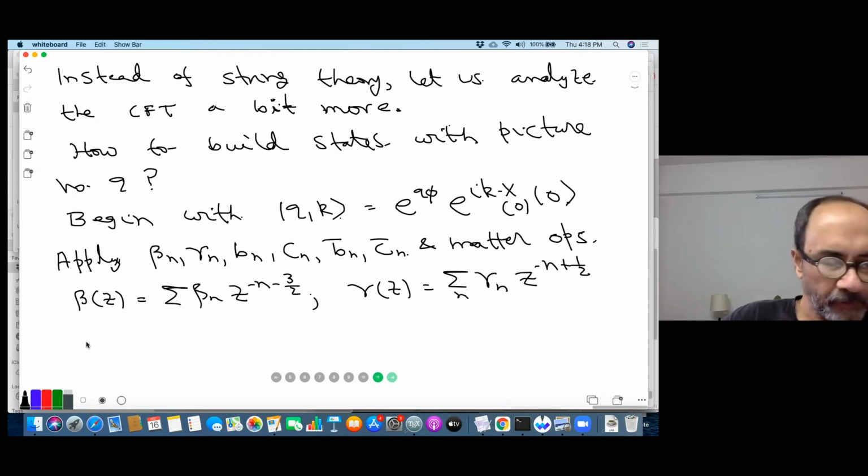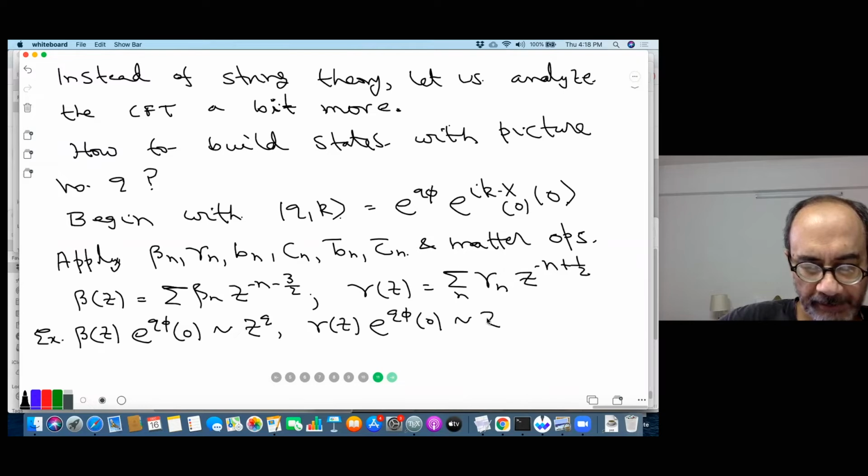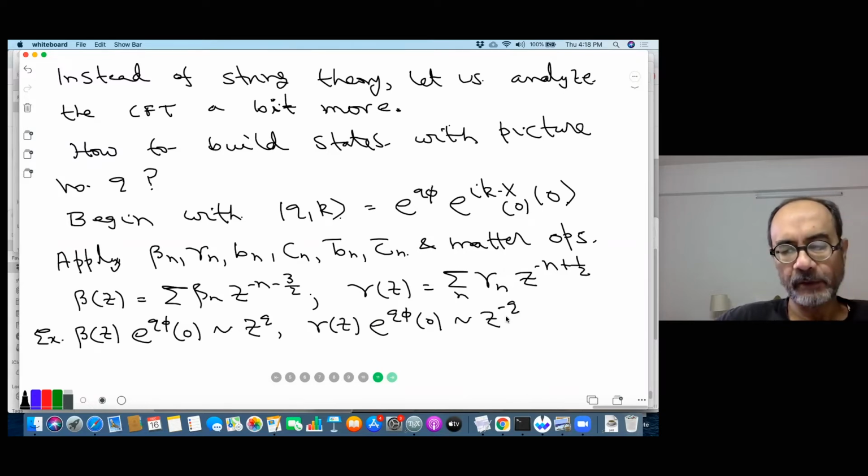Now combine this with the following relation, that beta z e to the Q phi of 0 goes as z to the Q. Because beta z, let me remind you, had this del xi e to the minus phi, right? So if you calculate the OPE using the rules that I gave you, you can easily check that this goes as z to the Q. And gamma z e to the Q phi of 0 goes as z to the minus Q, because gamma has eta e to the phi, so that OPE gives you z to the minus Q.